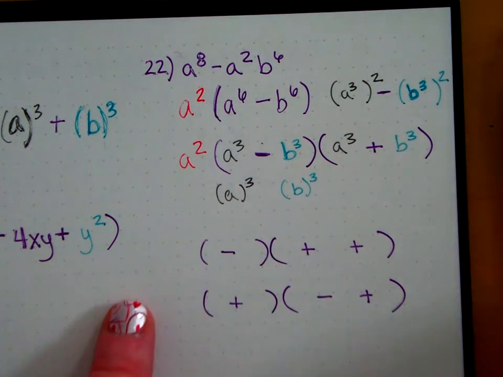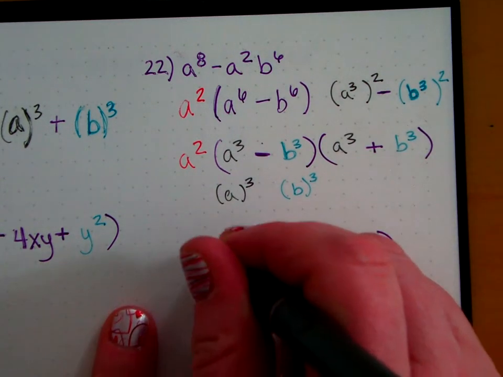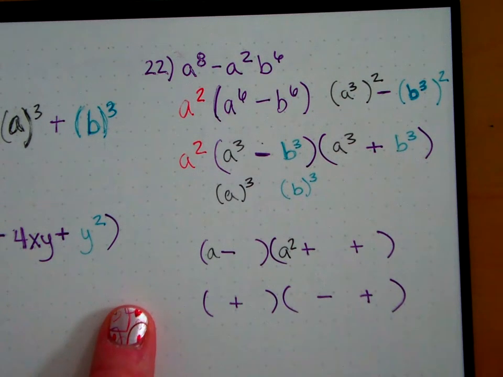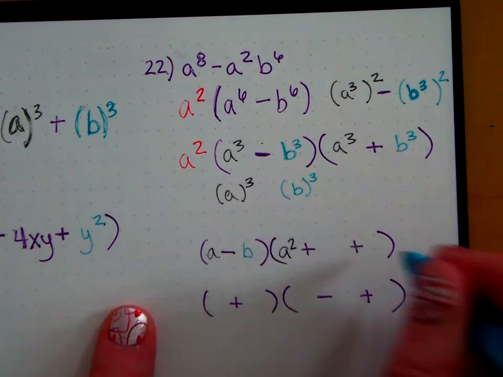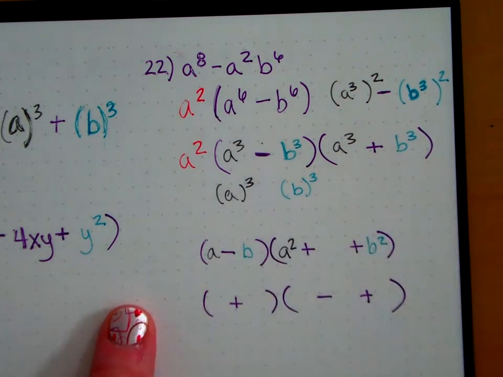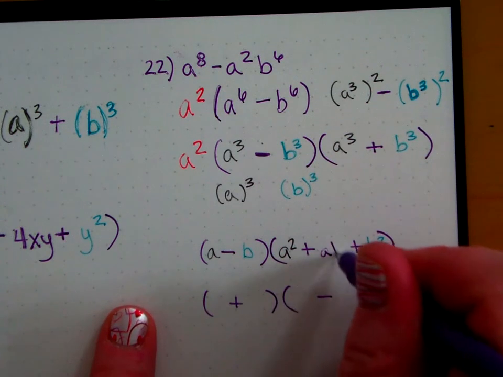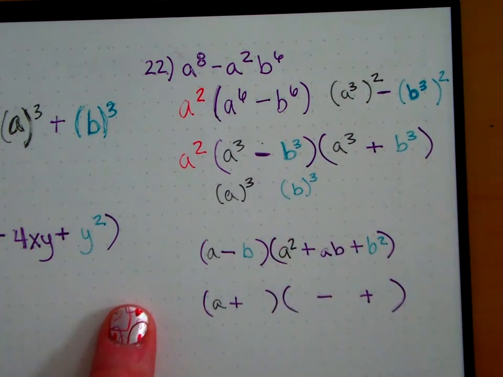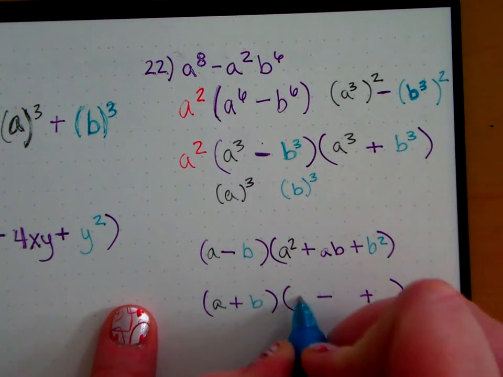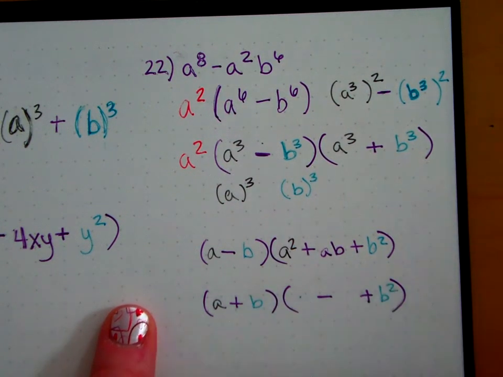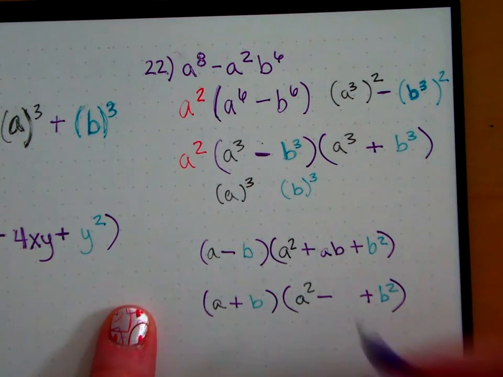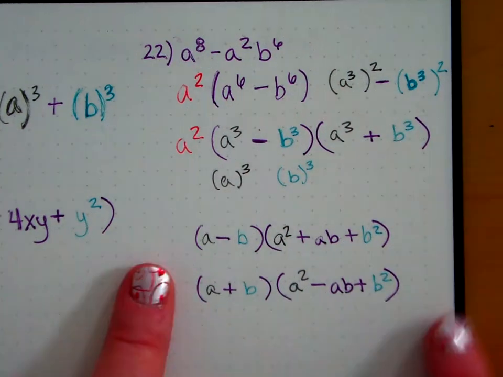Respectively, based on cubic, this would be a, this would be a squared, this would be b, this would be b squared, and in the middle it's a times b. This would be a, this would be b, this would be b squared, this would be a squared, and once again this is ab.